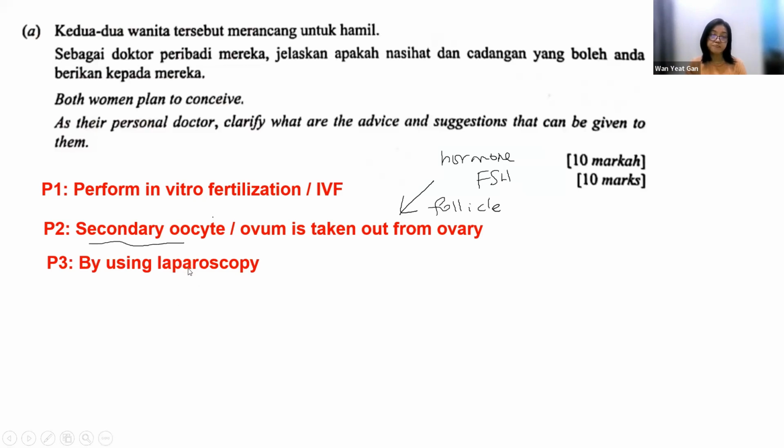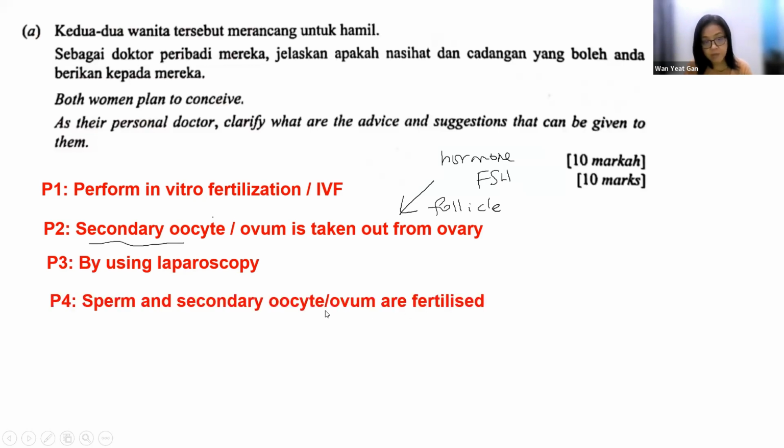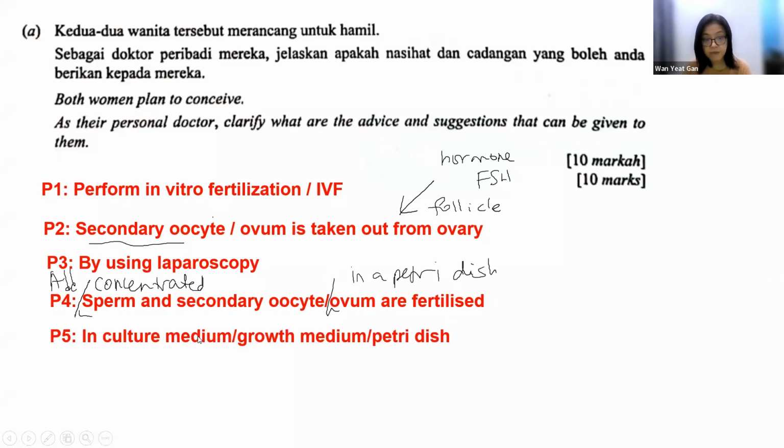Okay, so this is a method in which you use a laparoscope. Now, you need to mention here, add the word concentrated. You must add concentrated sperm and secondary oocyte in a sterilized petri dish that has culture medium so that the secondary oocyte can be fertilized by the sperm.